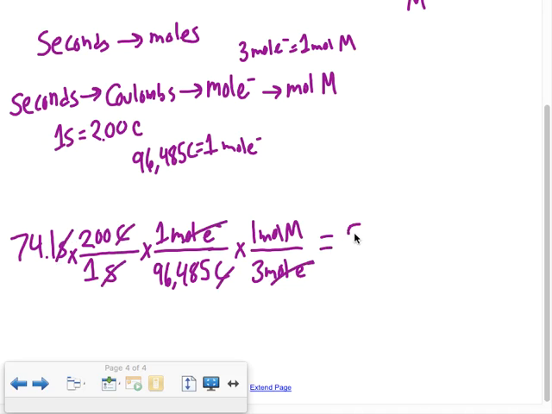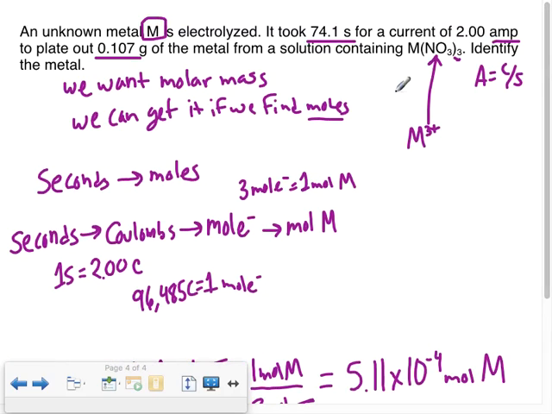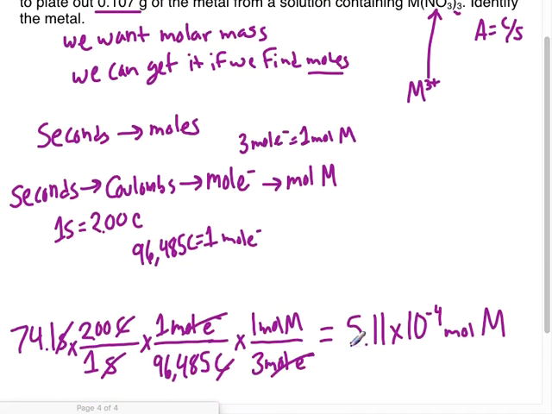Right? Now remember, the actual problem is asking us to identify the metal. But our plan was we wanted to find the molar mass and then look it up on the periodic table. So we now know that 5.11 times 10 to the -4th moles were formed. We also know from the problem that the mass of it was 0.107 grams. So the molar mass is grams per mole.